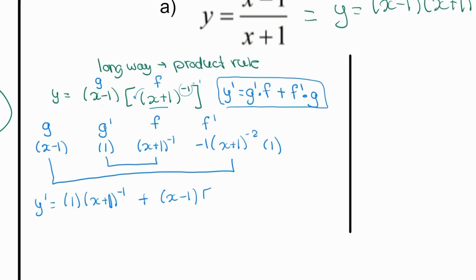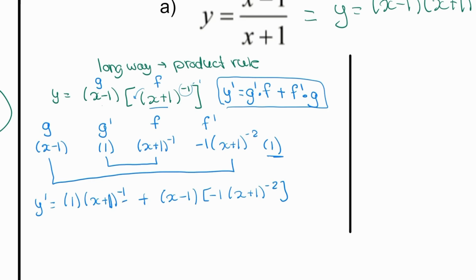And then I have -1 times (x + 1)^-2. I haven't really dropped the negative 1; I've multiplied it by 1, so I don't have to keep writing it. So now let's clean this up a little bit.